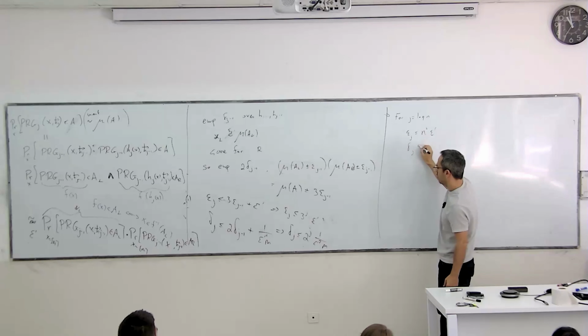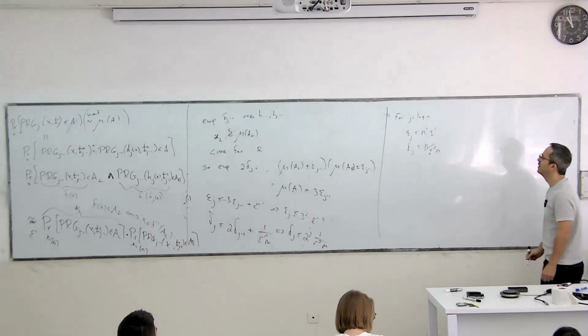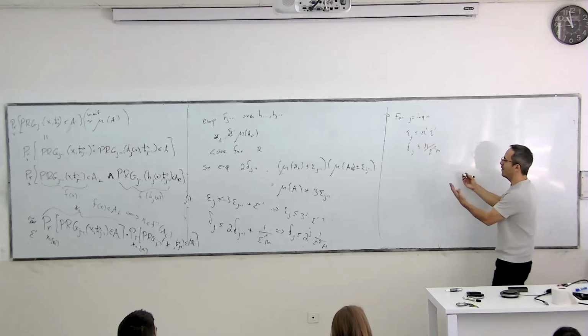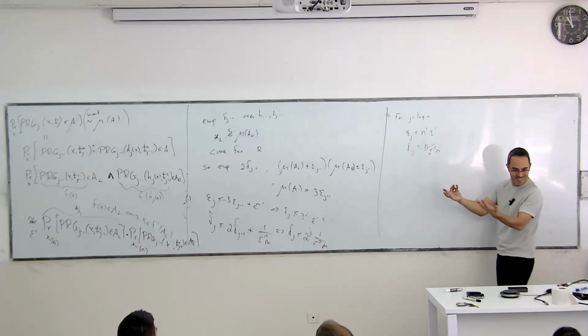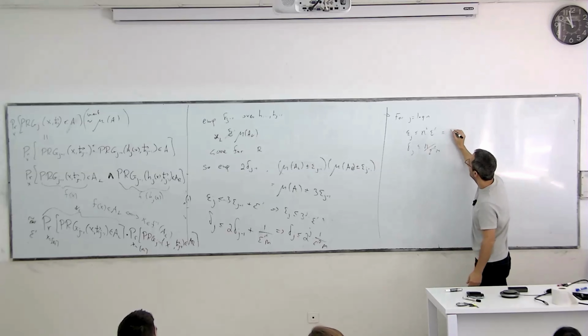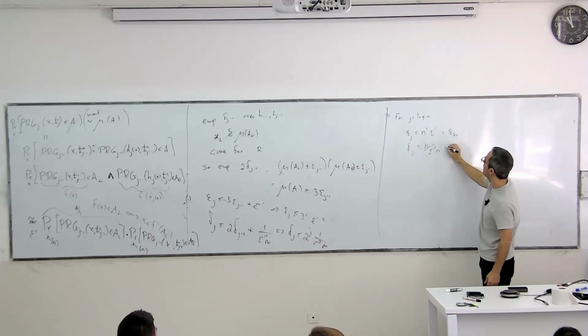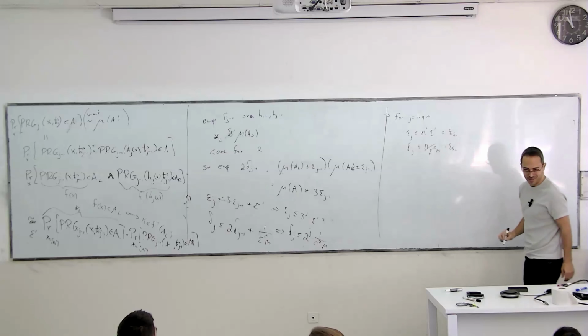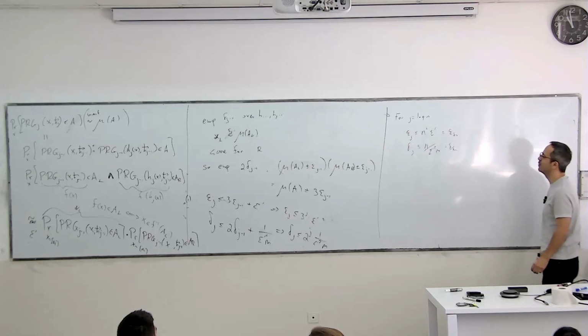And delta j is at most n divided by epsilon m, like that. And you have an epsilon delta that you want, which at this point usually you call epsilon final and delta final just to distinguish them from the rest.